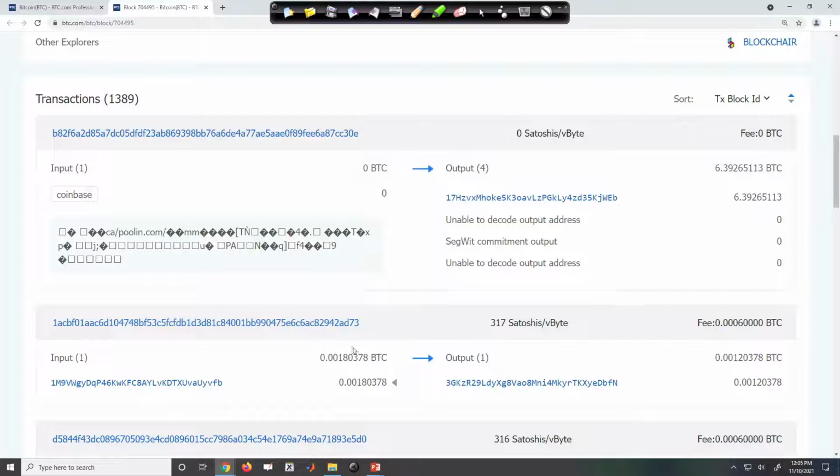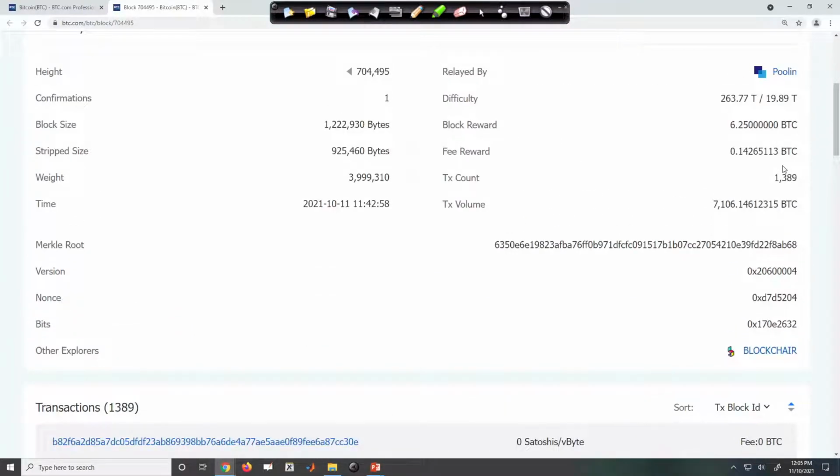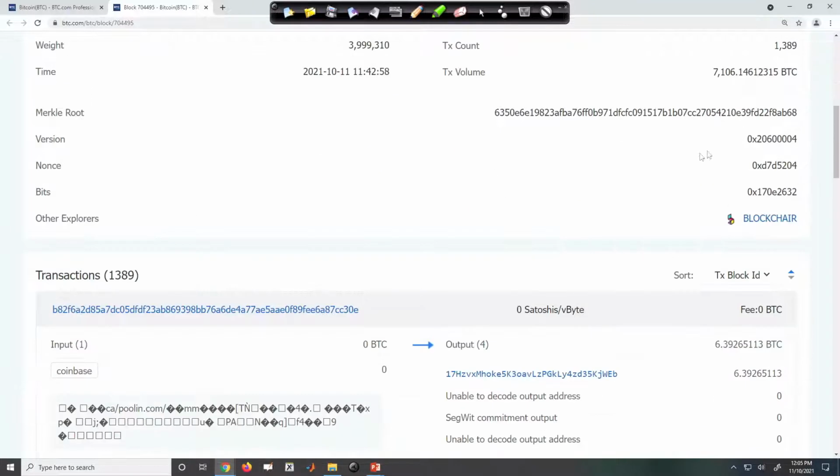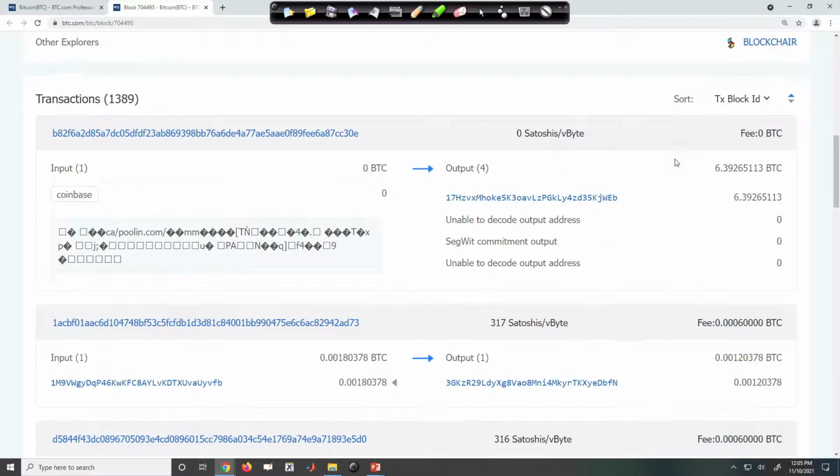If you look at this example, the total reward this miner got is written here as 6.39265 and so on, and of that, 6.25 it got for generating this block as part of the block reward, and the difference it got from each of the users whose transactions were included in this block.